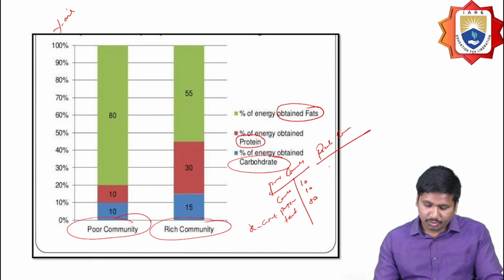In case of the rich community, it should be some 15, 30, and 55.